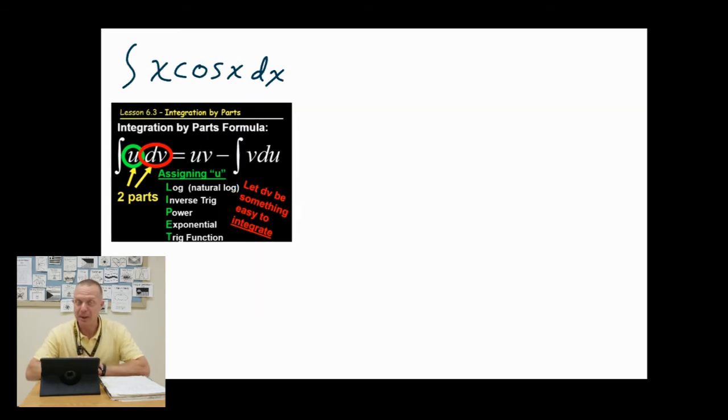If we were in class, this would be a problem that I would say, why don't you try it? So we're still learning, and I'm going to say, why don't you try it? See if you can set up u using the LIPET test. See if you can find your box of variables. And then can you put them all in the formula and get a final answer?